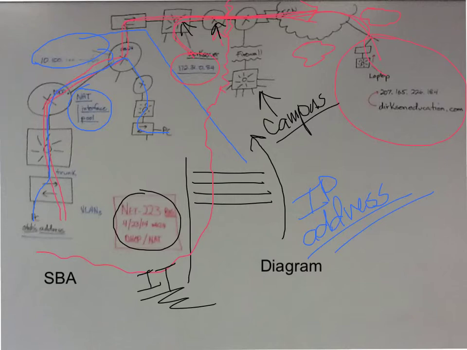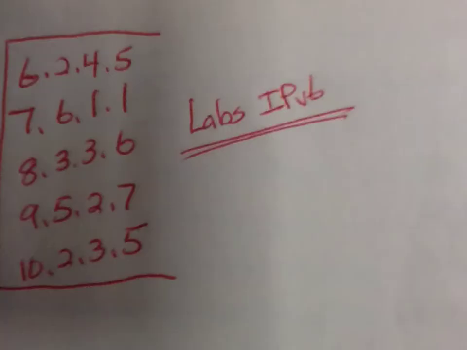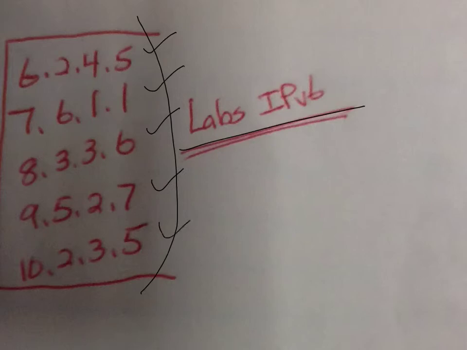Now you have a number of things that, these are labs that we would do with IPv6. I don't know if you had time to do them all, but those are all things you should be aware of.